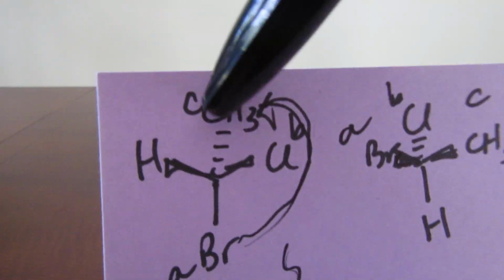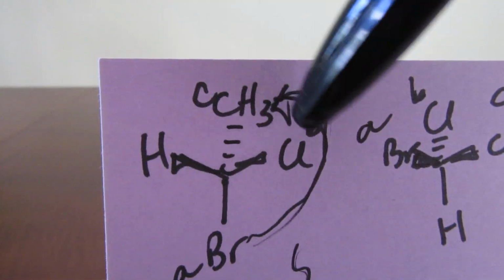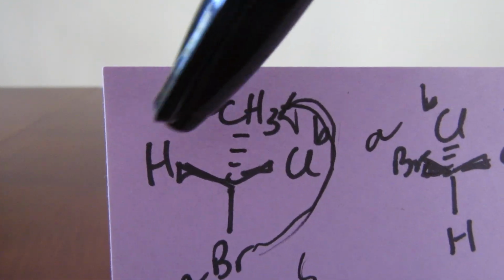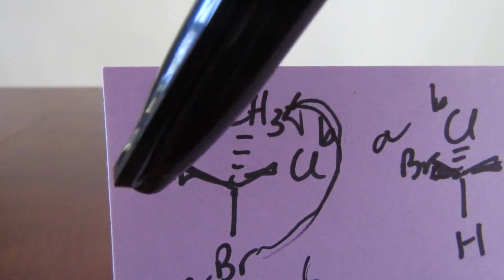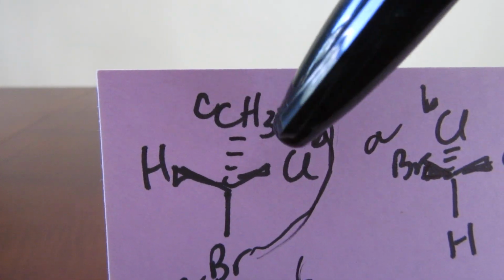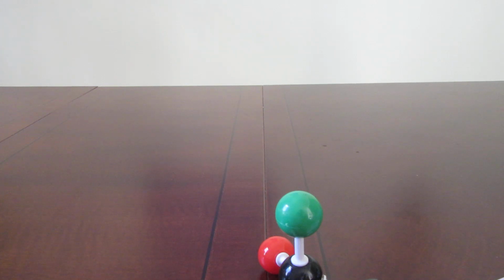Again, I'm going to show you once more, and then I'll write it out. So here, when you rotate the top part to get the hydrogen to the back, hydrogen goes here, CH3 comes here, Cl goes over here. Now I'm going to write that out really quickly. So Br is here, Cl is here, CH3 is here, and hydrogen is at the back.